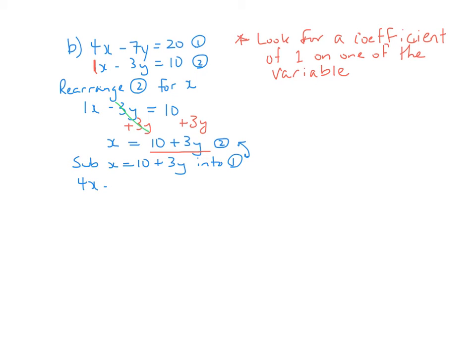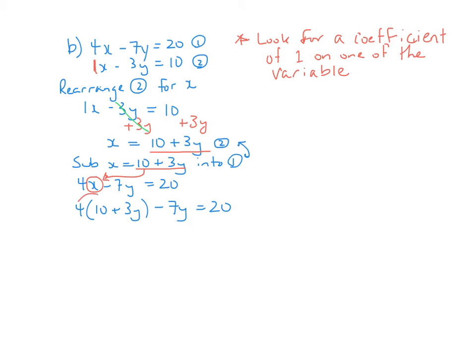Equation 1 was 4x minus 7y equals 20. And where I have the x here, I'm going to put this expression. So we will have 4 times the quantity 10 plus 3y, minus 7y, equals 20. So I've just replaced the x with the expression 10 plus 3y.